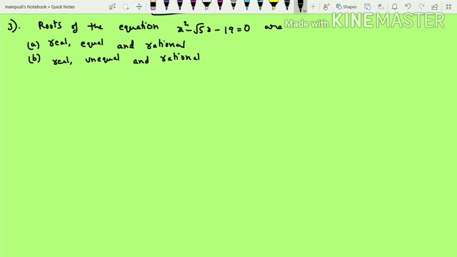The third option, C, is real, unequal and irrational. The fourth option is complex numbers.